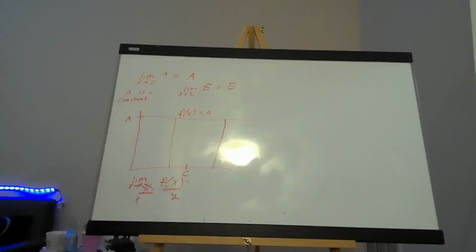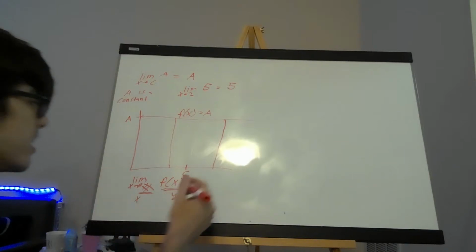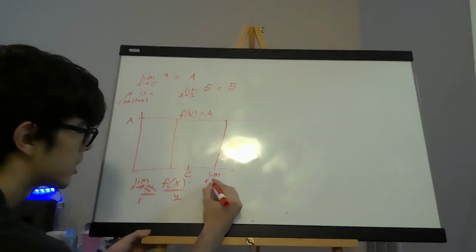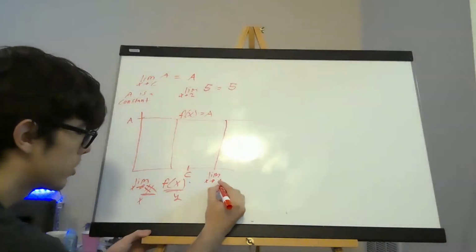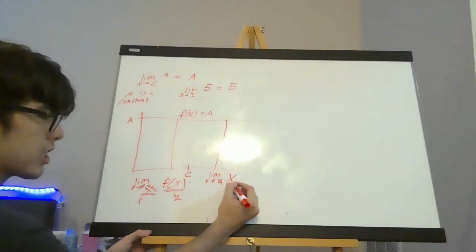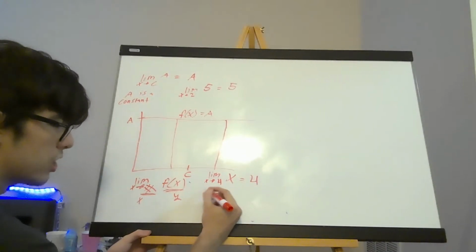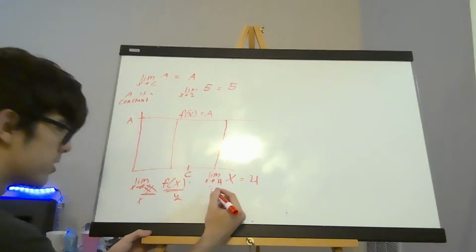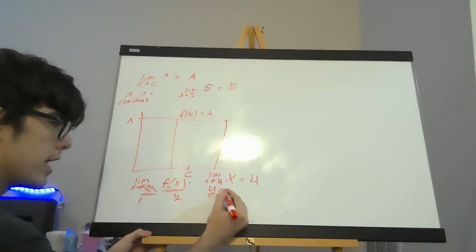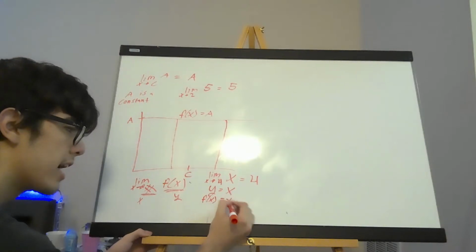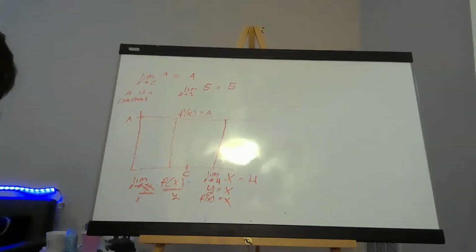Just to put it into something simple, like the identity function, for instance, we'd have limit as x approaches, I'll say 4 for the function x. So the answer here is just going to be 4. And this is a limit representation for the function y equals x, otherwise denoted as f of x equals x, which is just called the identity function. You guys should know that it's just a diagonal line that goes through the origin.